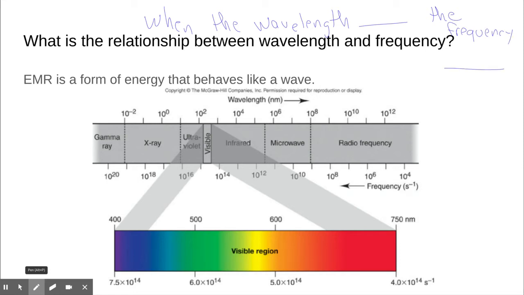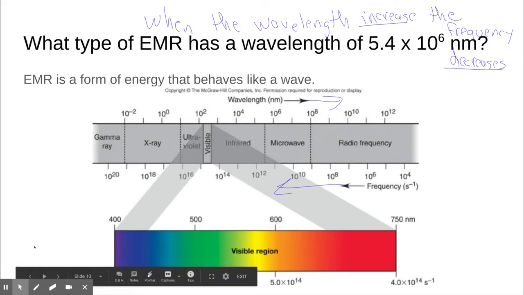As we see for the wavelengths, you can see the arrow here, as the wavelength increases, the frequency goes the other direction, so the frequency decreases. This also fits with what you were just seeing with that GIF earlier. The red had a longer wavelength and a lower frequency. The wavelength that was really short had a higher frequency.